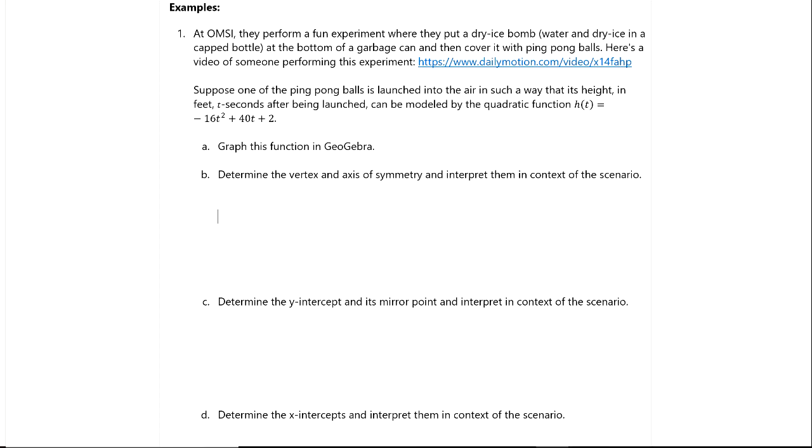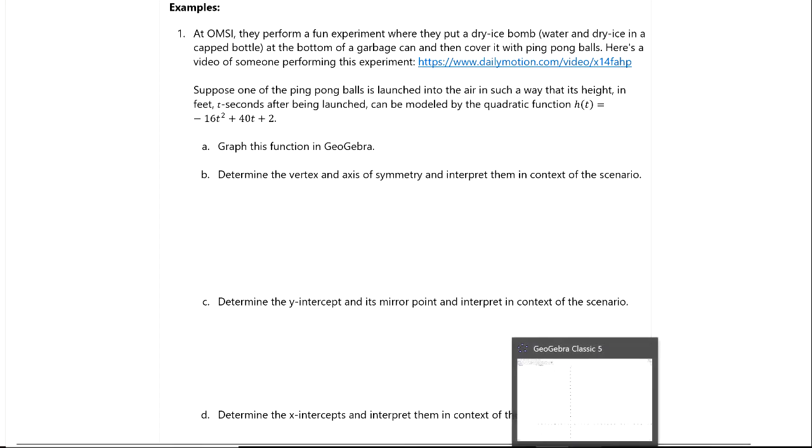Then we want to explore what exactly the ping pong ball is doing through its whole projectile movement. To do so, the first thing we need to do is graph this function in GeoGebra. I'm going to first type in this function. Let's call it h of t because it's talking about the height.